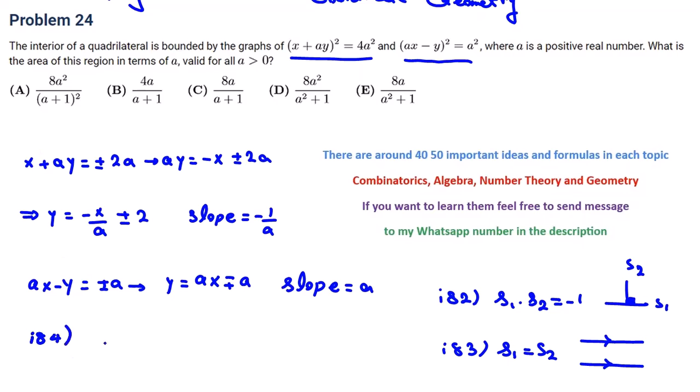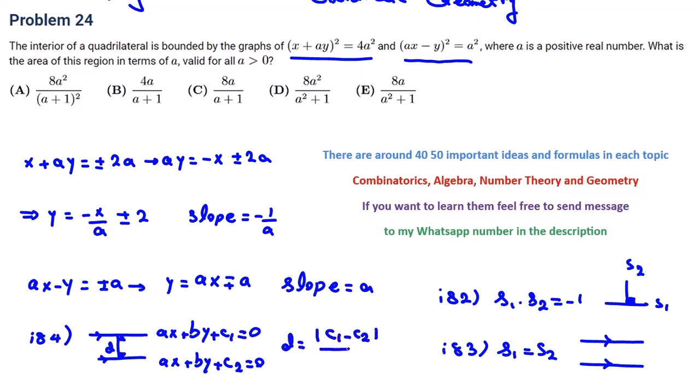If we have ax plus by plus c1 equal to 0, we can write two parallel lines like this, ax plus by plus c2 equal to 0. There are parallel lines, and the distance d equals the absolute value of c1 minus c2 over the square root of a squared plus b squared. So now try to find the answer of the problem by using these ideas.